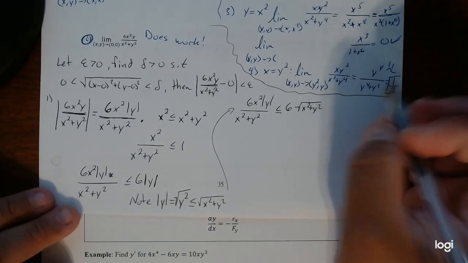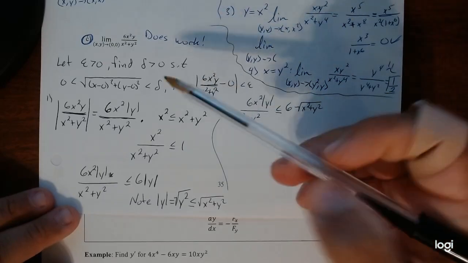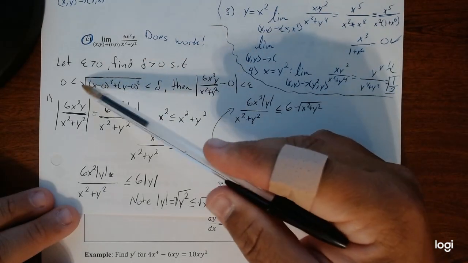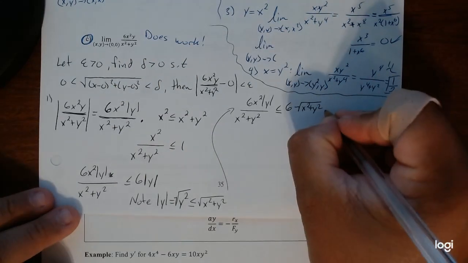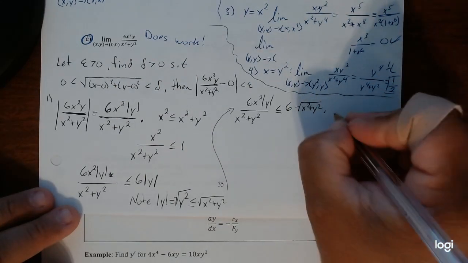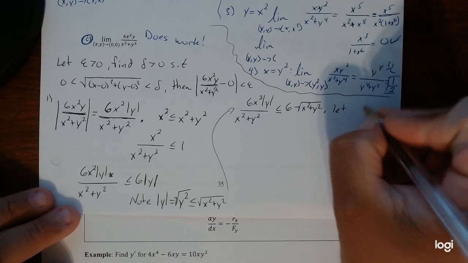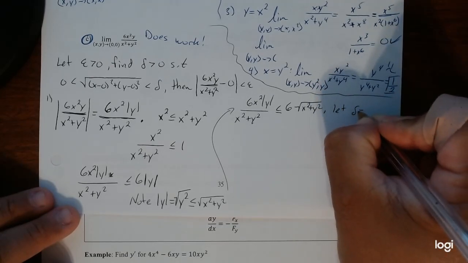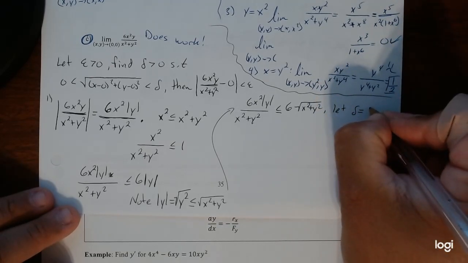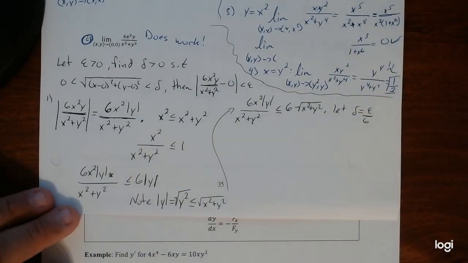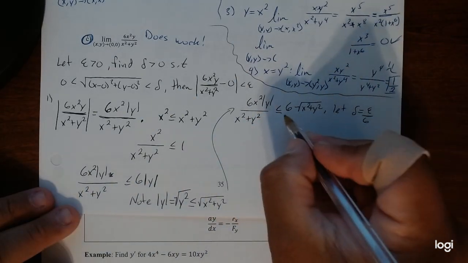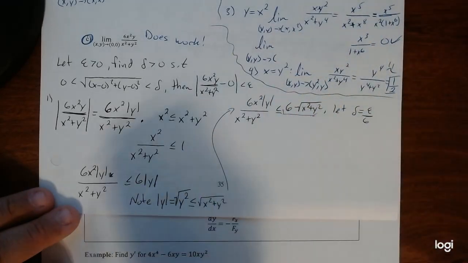Now notice that's exactly what we wanted, because if I just get rid of the zeros, that's the square root of x squared plus y squared. So we're going to let delta equal epsilon over 6, because that's exactly what we're done. We got it done here.